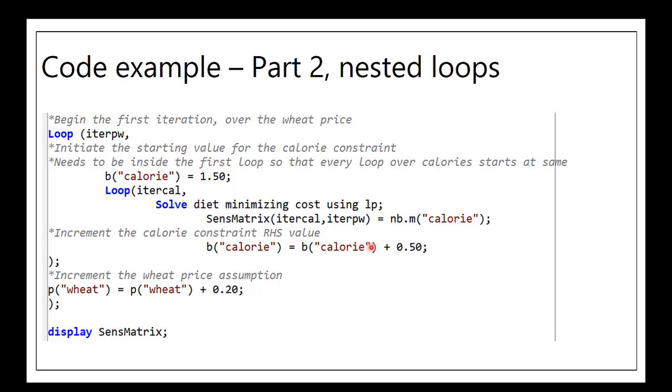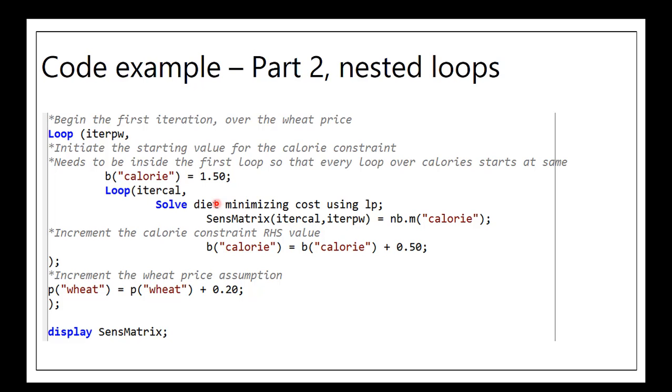Collect all that as we go somewhere. Right here, it's collecting the calorie. This is the calorie constraint. This is the marginal, so that's the shadow price on the calorie constraint being collected each time. You see right here we have sensitivity matrix.